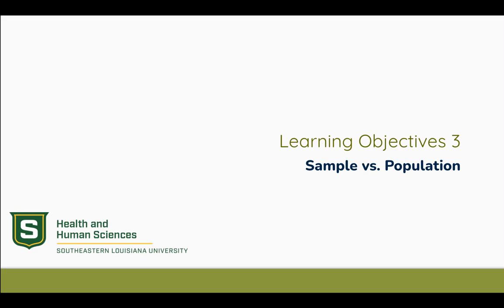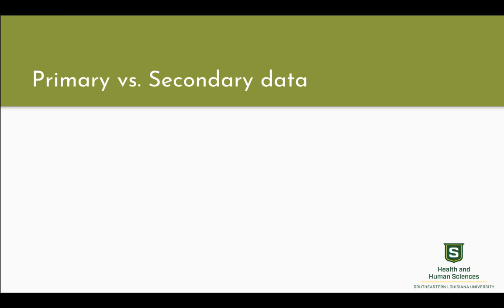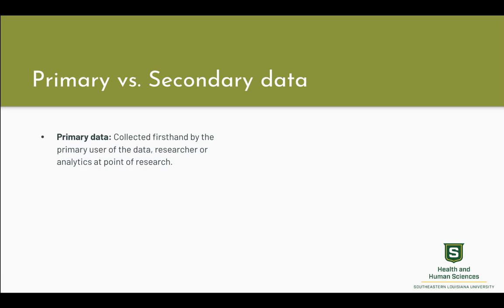So lastly, we're going to talk about sample and population. With sample and population, one way to look at it would be in terms of what type of data it is. For primary versus secondary data, this classification is focused on how the data was collected.